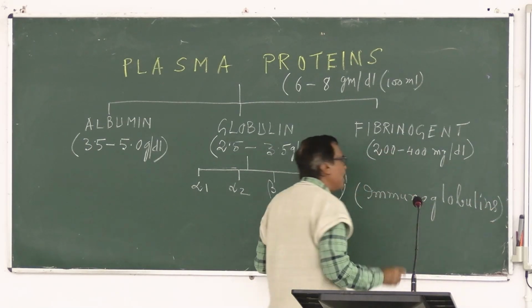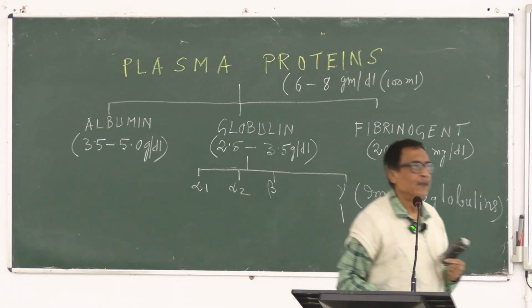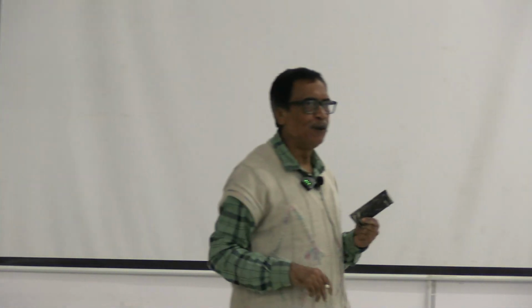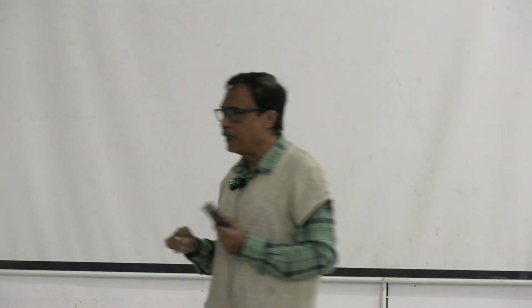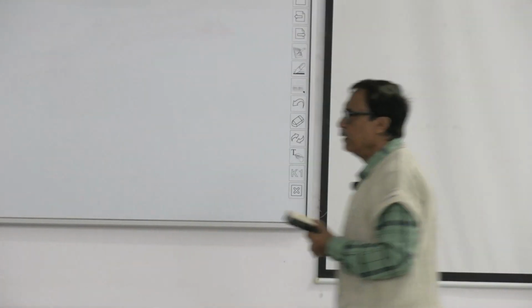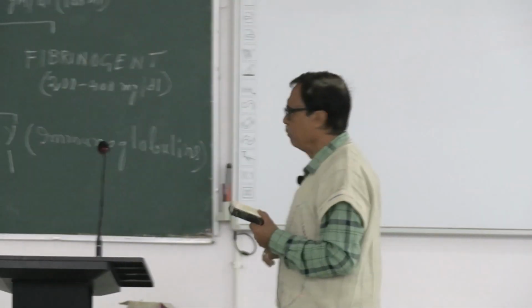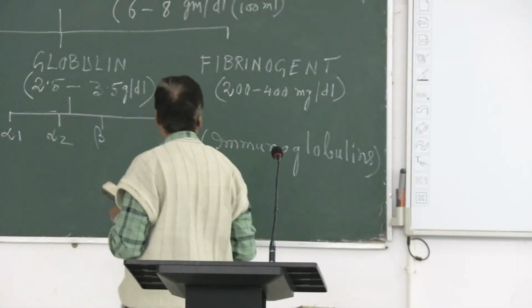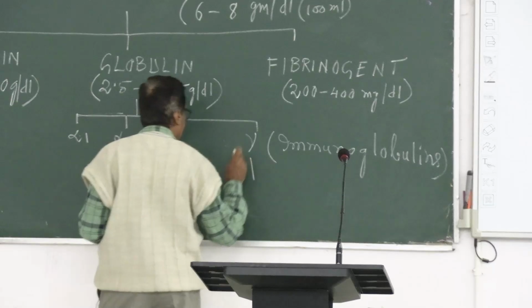The layman's term for immunoglobulin is antibody, which protects against various infections. So it is known as protective protein or defense protein.